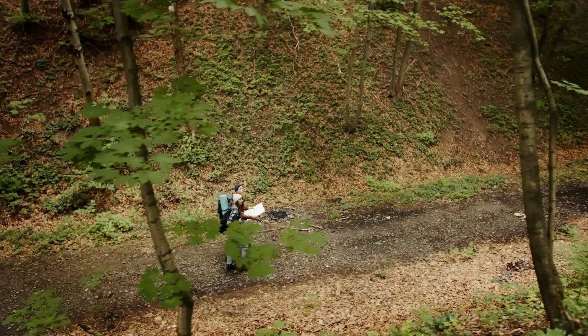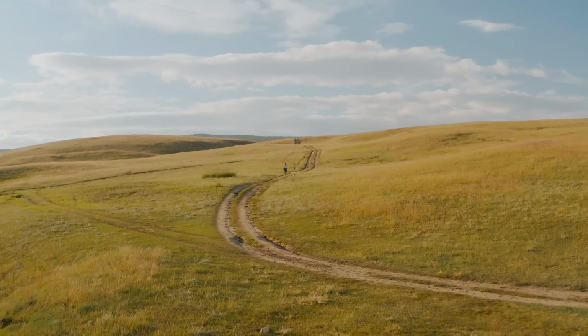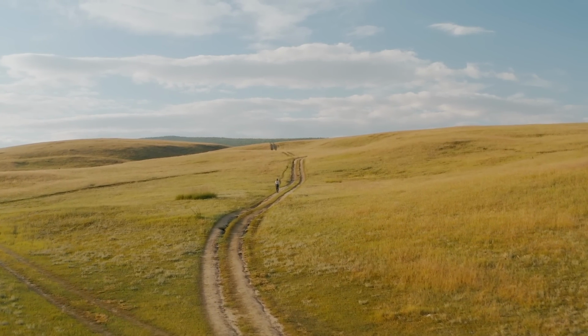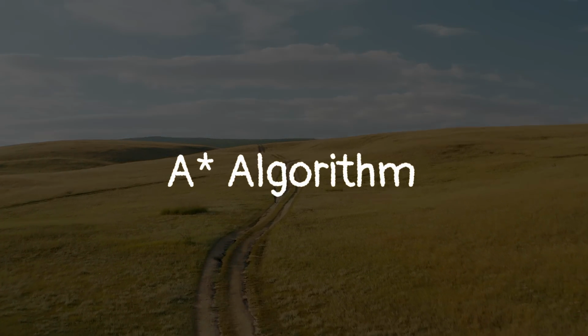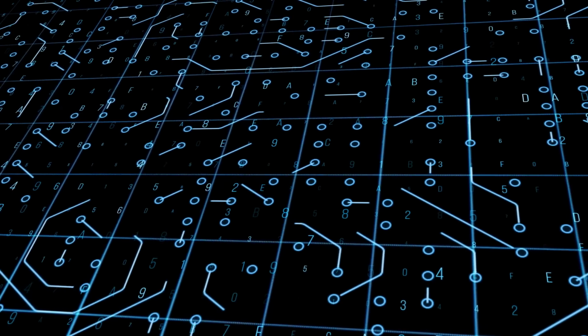It might surprise you to learn that pathfinding was actually solved all the way back in 1968 by a team of computer researchers. They created the A-star pathfinding algorithm, which is still the most commonly used algorithm to this very day. It's basically a perfect solution.